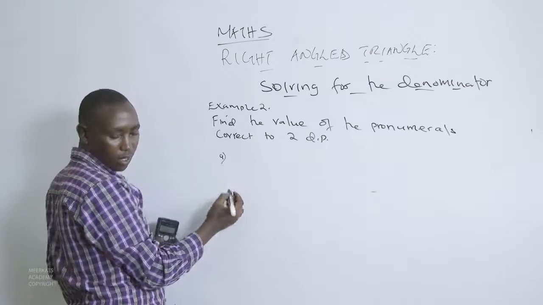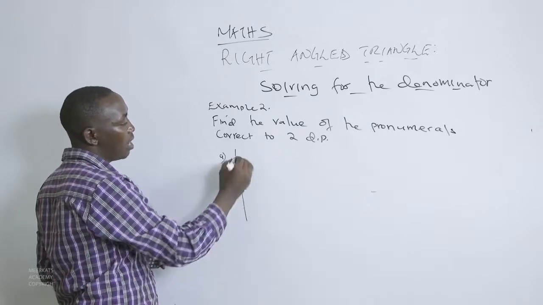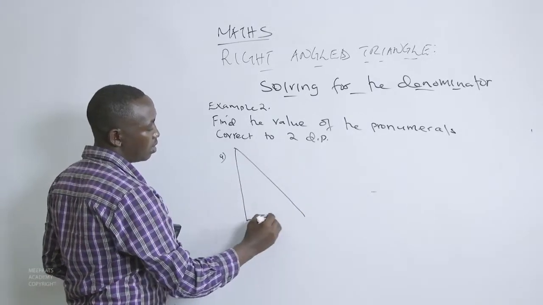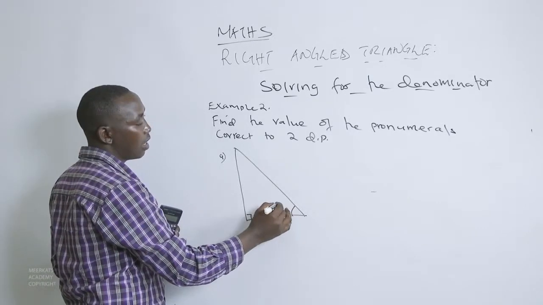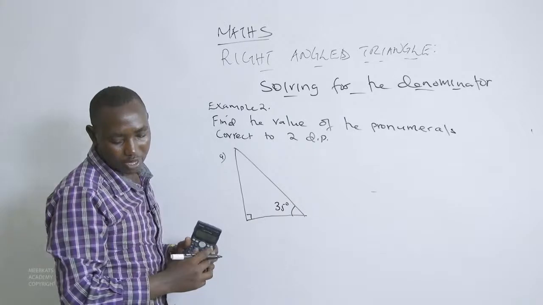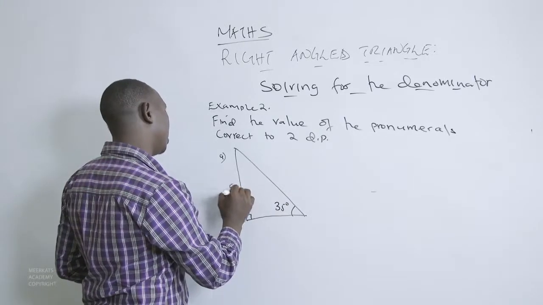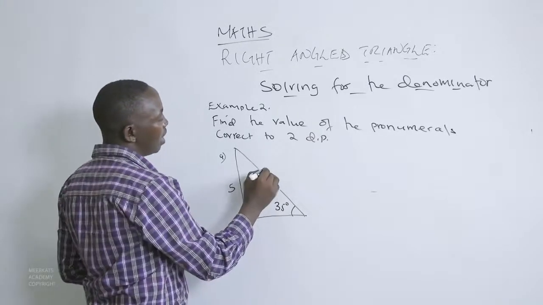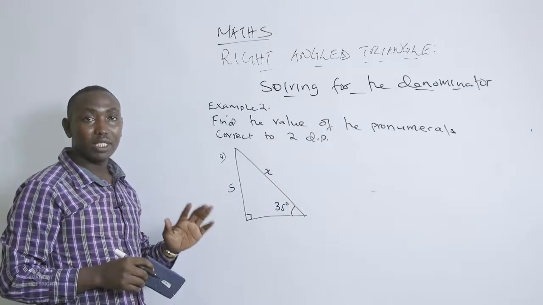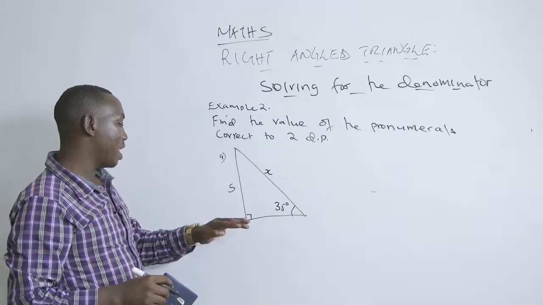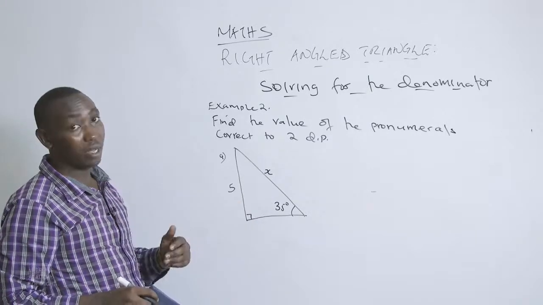Part A, we have a right angle triangle, that being 90 degrees. This angle we are given 35 degrees. The opposite to the angle is 5 units, and then the hypotenuse is x units. We are supposed to evaluate or find the value of this particular pronumeral.